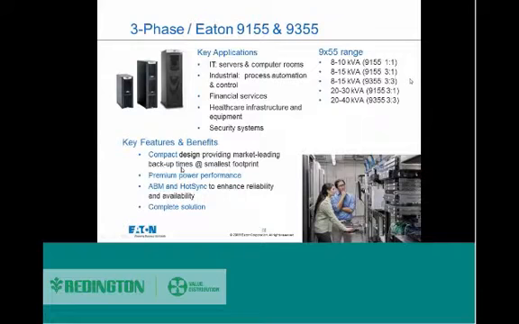Compact, it gives you very good backup time and premium power performance. And these are some of the technologies Eaton has for parallel redundancy. They have Hot Sync, which is a technology. Also, ABM, or Advanced Battery Management, is another technology, in simple terms, to increase the life of your UPS battery.